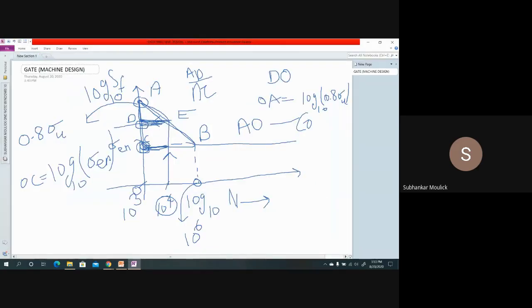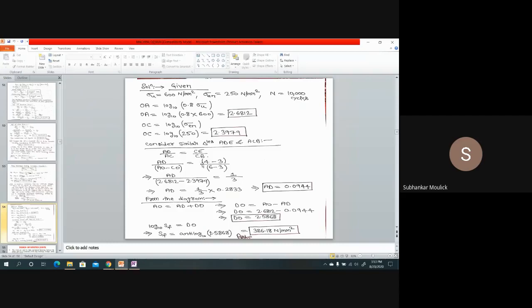The value of CB will be log base 10 of n, which is nothing but 10 to the power 6, minus log base 10 of n, which is 10 to the power 3. So log base 10 of 10 to the power 6 is 6, and log base 10 of 10 to the power 3 is 3. So 6 minus 3 is 3. So this particular value CB is 6 minus 3.